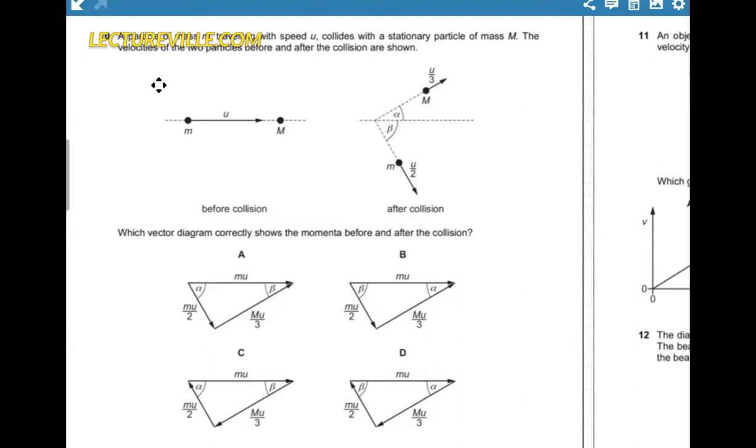Now, what is the velocity of capital M? It is a stationary particle.